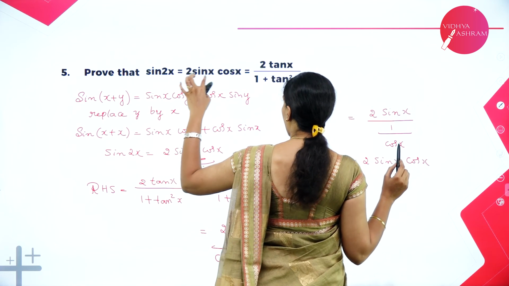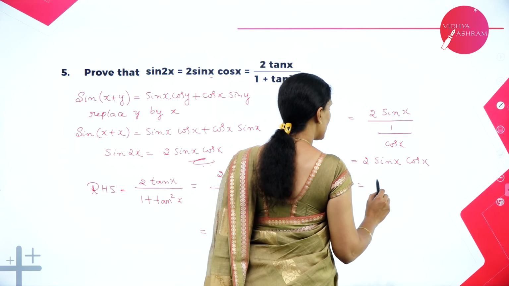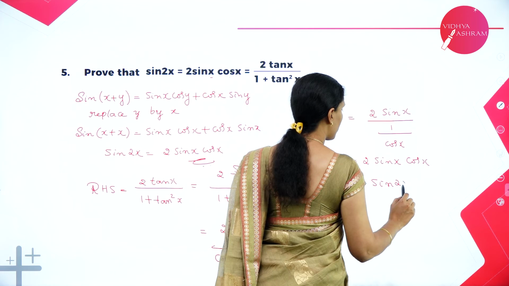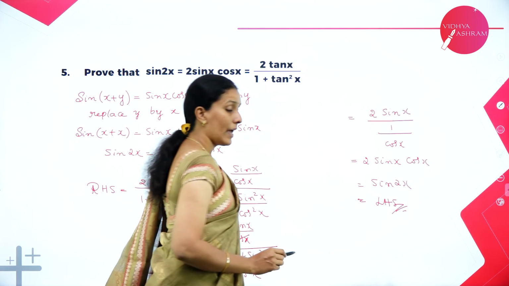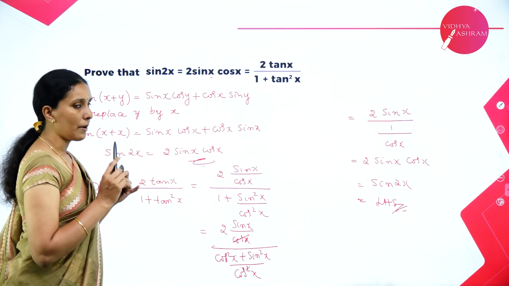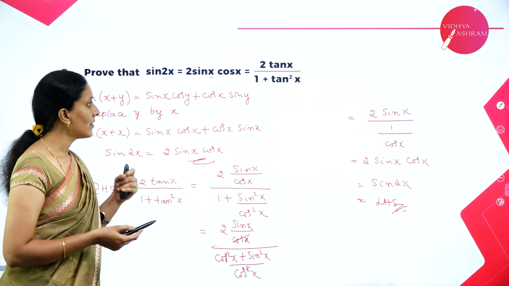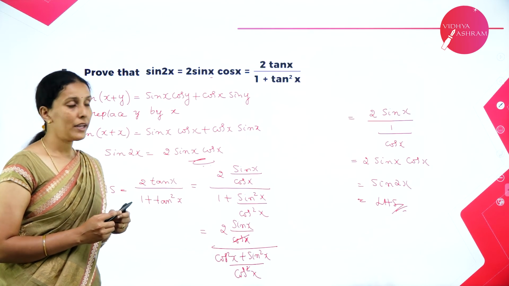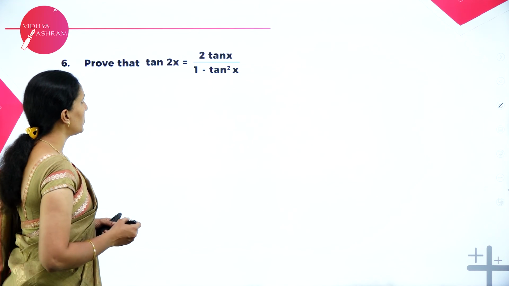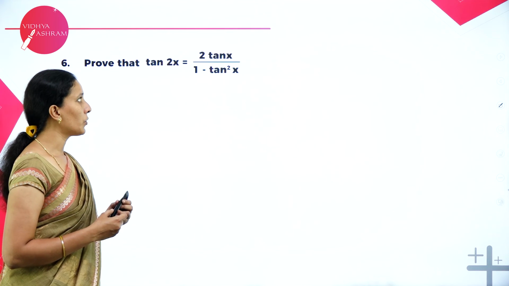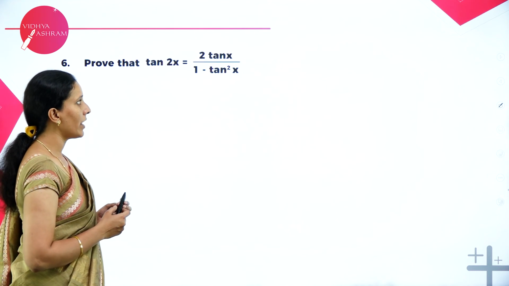So 2 sin x cos x is nothing but sin 2x, that is the left hand side of the identity. Hence, sin 2x can be written as 2 sin x cos x and 2 tan x divided by 1 plus tan square x.